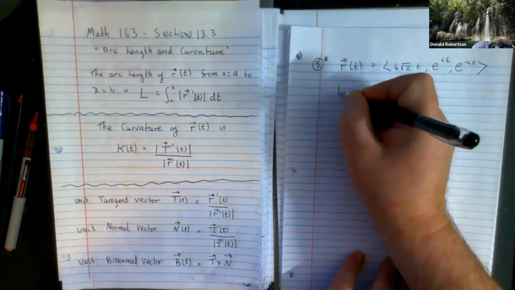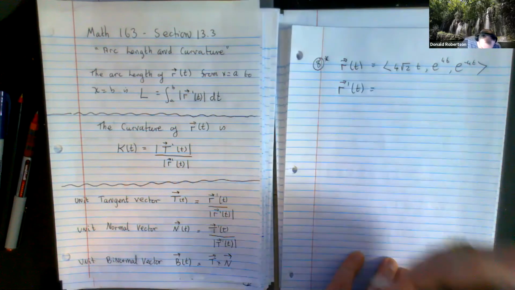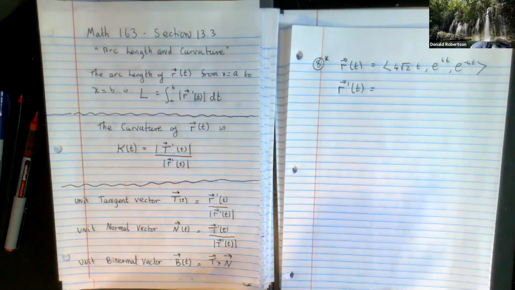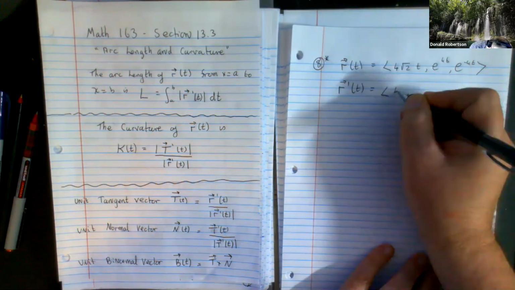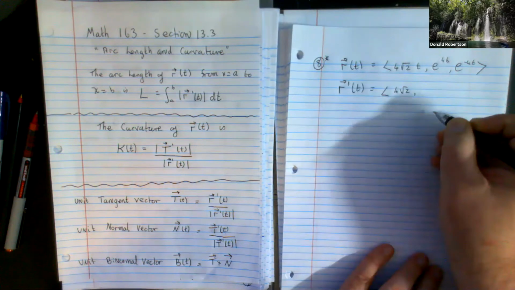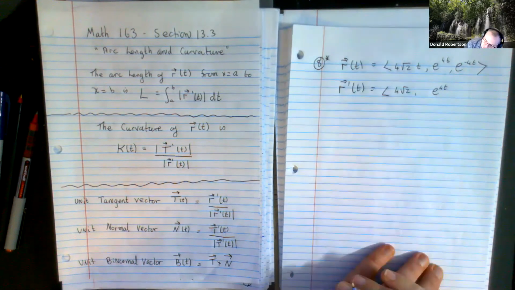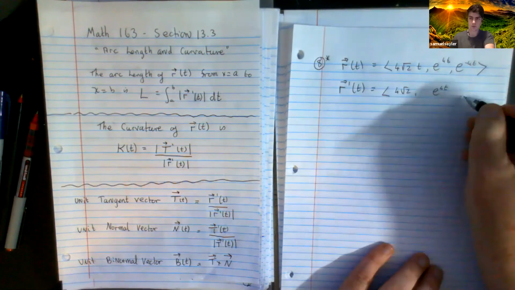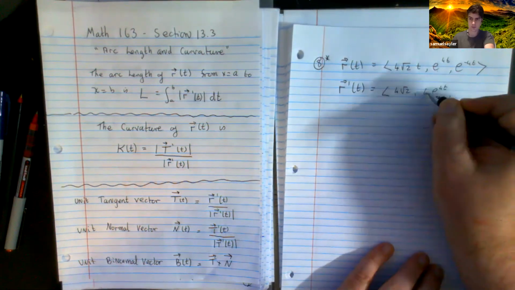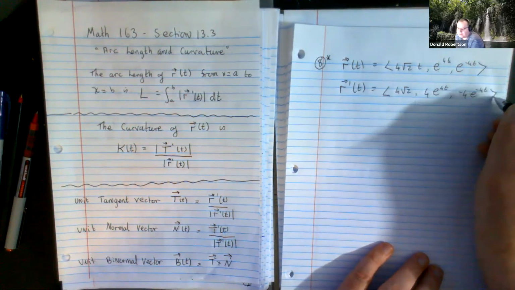Just like the first question, I'm going to go through it the same way. I'm going to find the derivative. 4 root 2t gets you 4 root 2. E to the 4t gets you e to the 4t times anything else, if you differentiate it. Times 4. And same kind of idea, but -4 for the other one. Are we comfortable with that as the derivative?